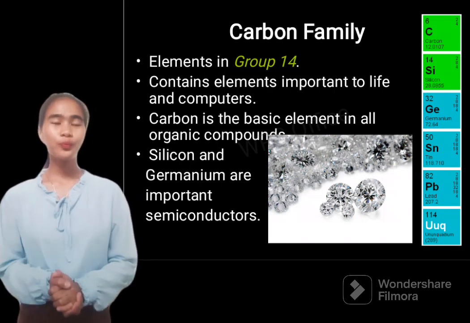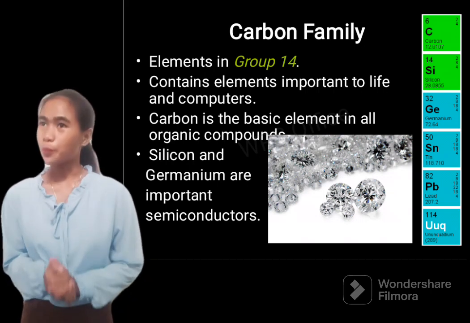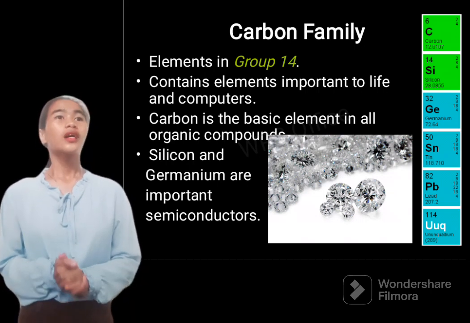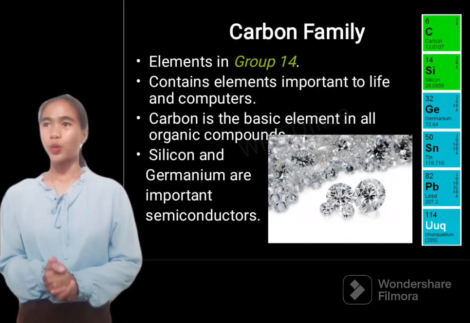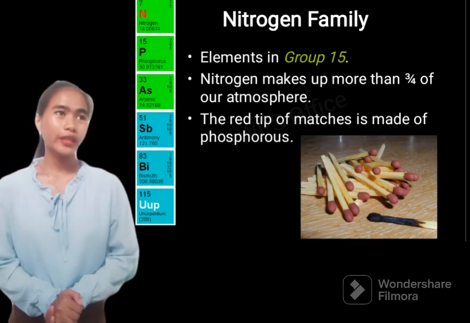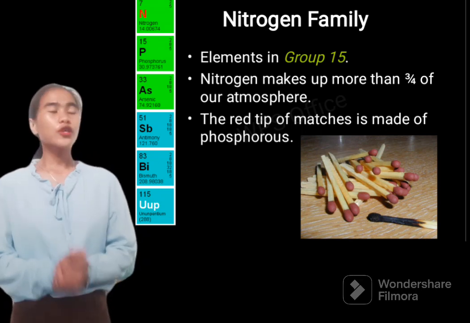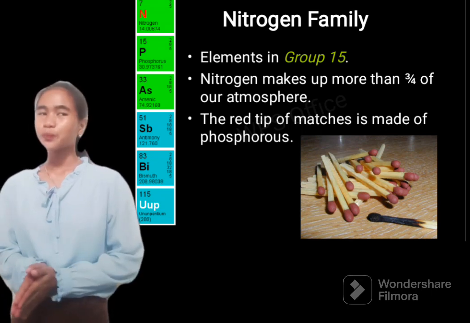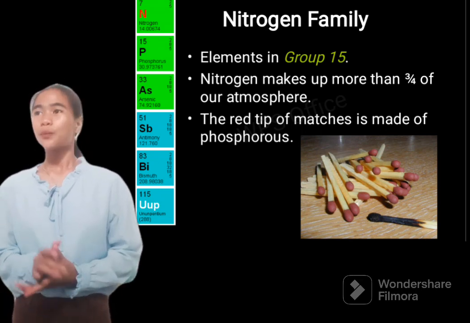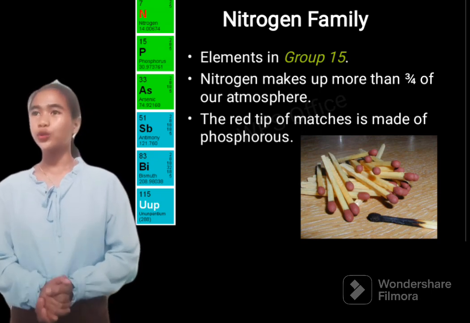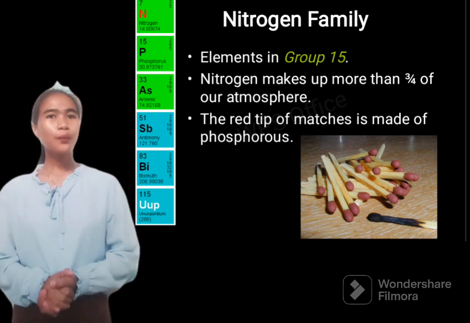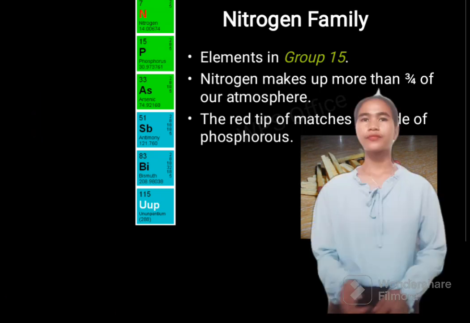We have carbon, silicon, germanium, tin, lead, and ununquadium. For the nitrogen family, we have nitrogen, phosphorus, arsenic, antimony, bismuth, and ununpentium. These are elements in group 15.